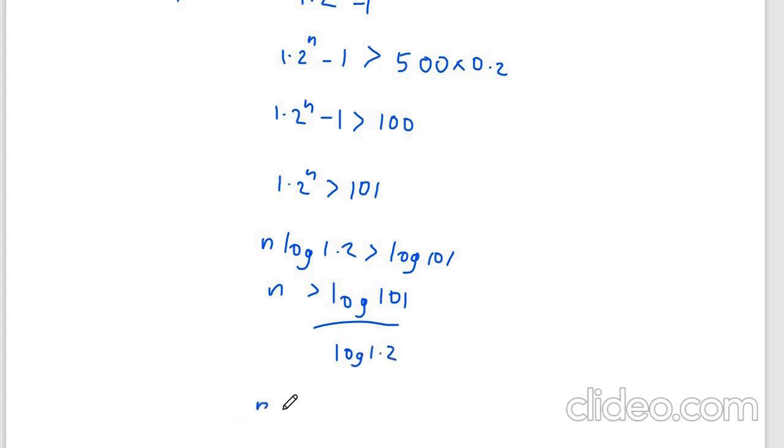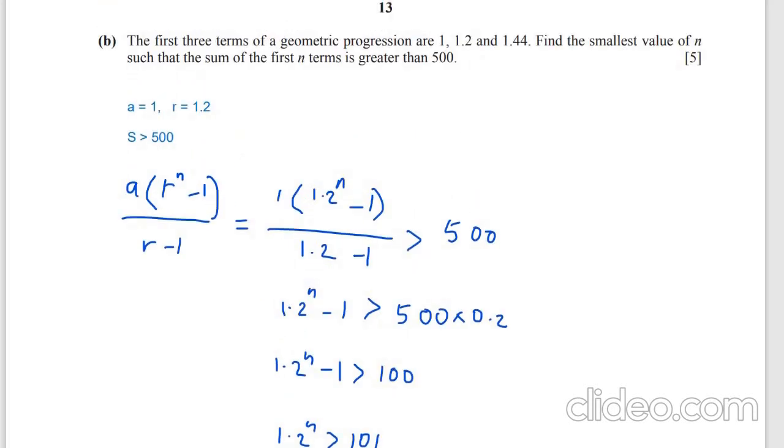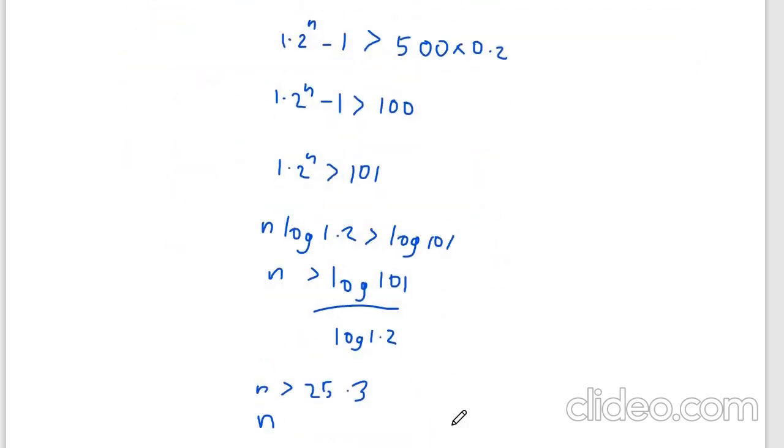So n, if you do that, you get 25.3. So the question says we need to find the smallest value of n. So if n has to be greater than 25.3, n must be 26, like the smallest that n can be is 26.